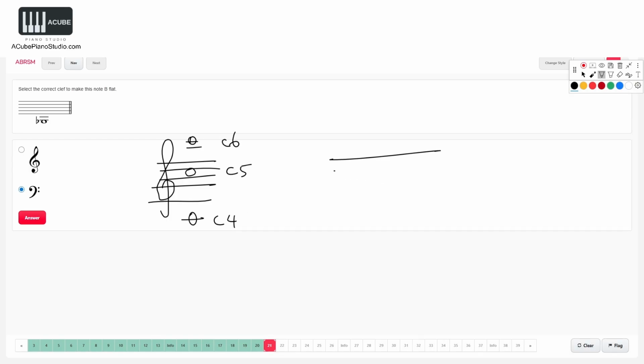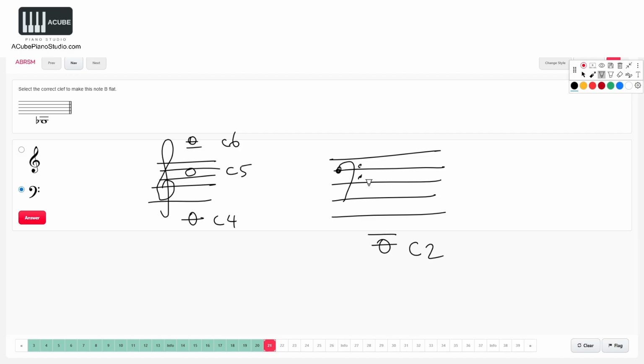Then for bass clef, this is C2, this is C3, and this is C4. C4 is middle C. So if this is treble clef, middle C is here. This is C, B, A, G. This is G flat for treble clef. It's not B flat. So it cannot be treble clef.